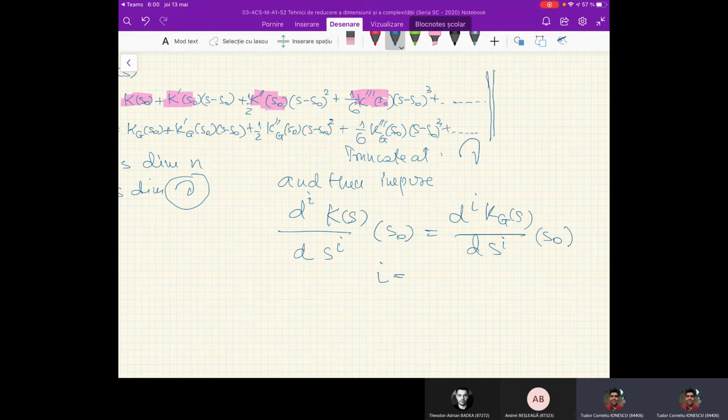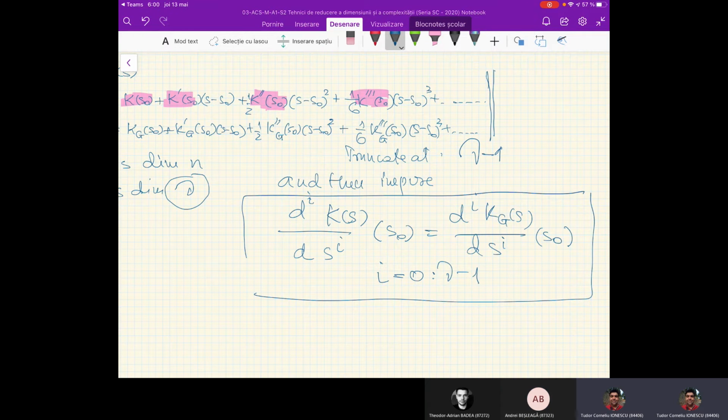I from which value to which value? Actually, you need to truncate at n minus 1. From I equal 0 to n minus 1, exactly. So this is the moment matching problem, the general problem.